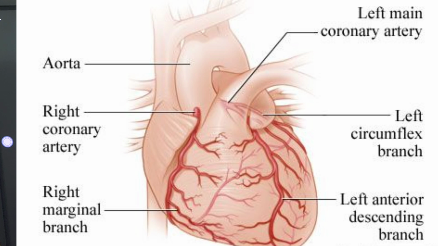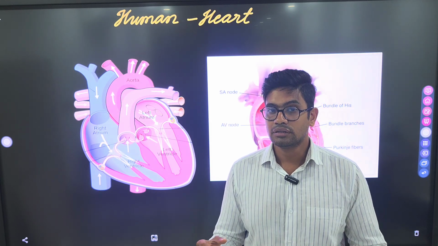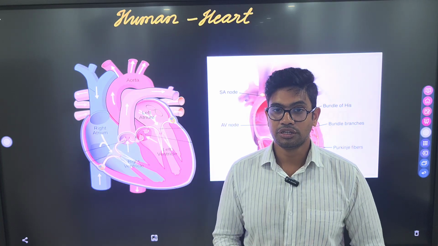As far as the left coronary artery is concerned, it has two parts: the circumflex artery, which is called CA, and the LAD, that is the left anterior descending coronary artery. So these arteries are responsible for supplying the oxygenated blood to the heart.